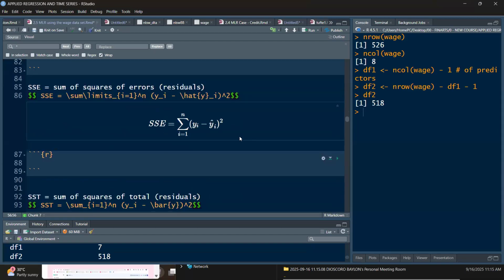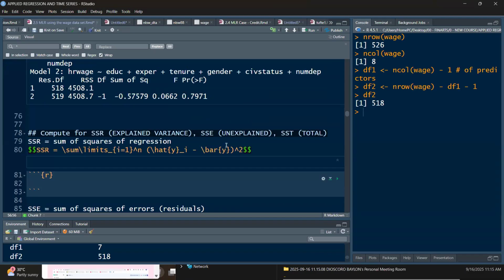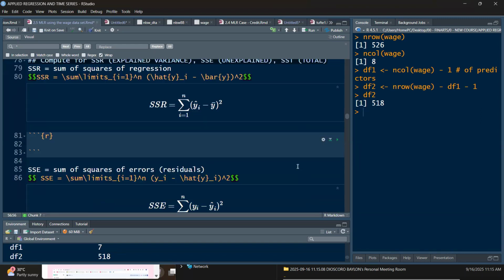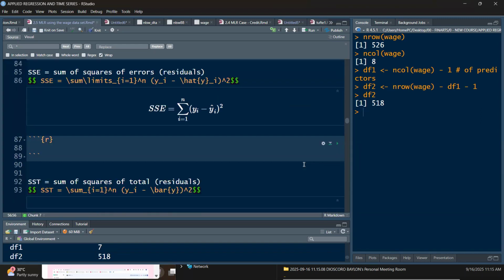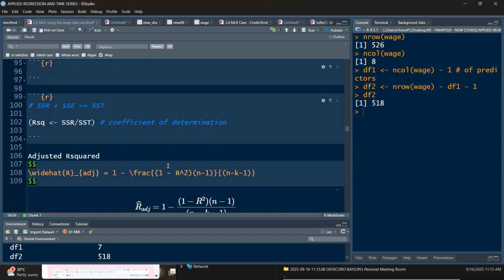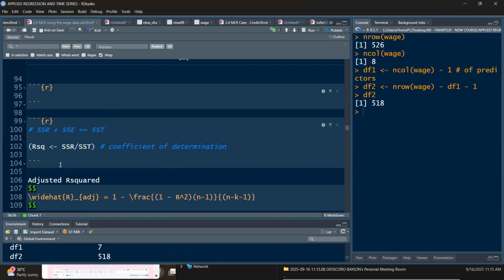The formula, where's our SST here? The formula for the r squared is this one, SSR over SST.